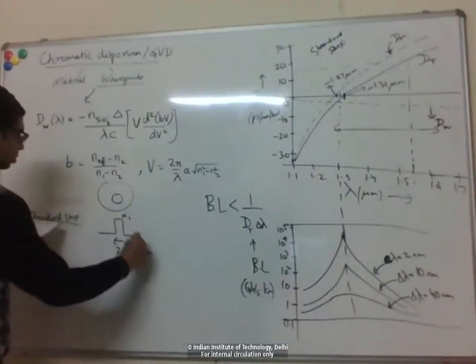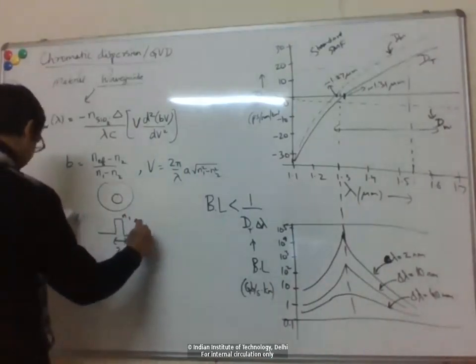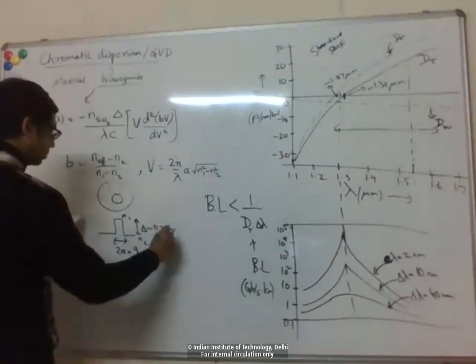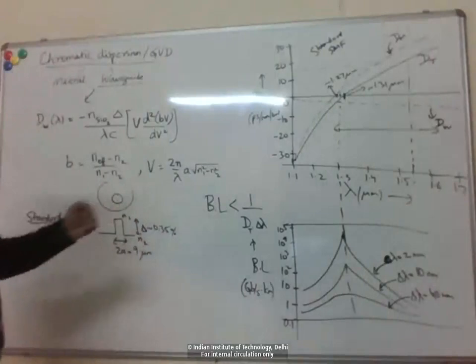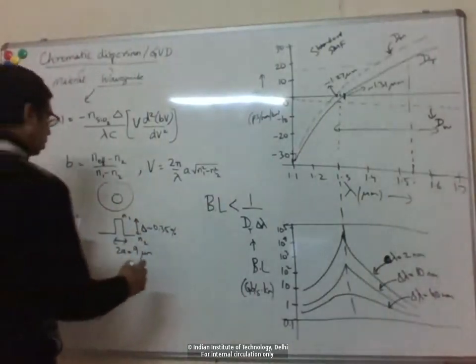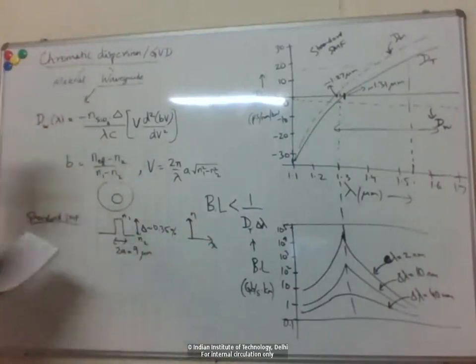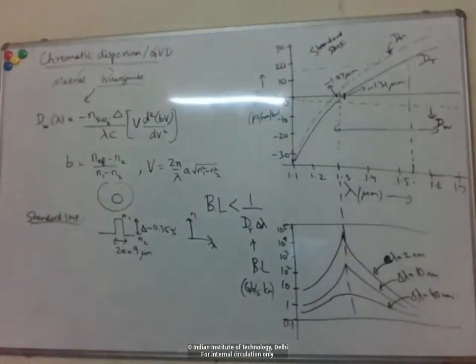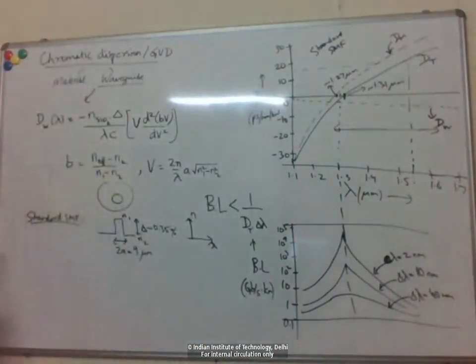This is N1 and N2, and this normalized index difference delta is about 0.35%, or 0.0035. I'm plotting N versus radial distance. That's the standard single mode fiber we've plotted here.